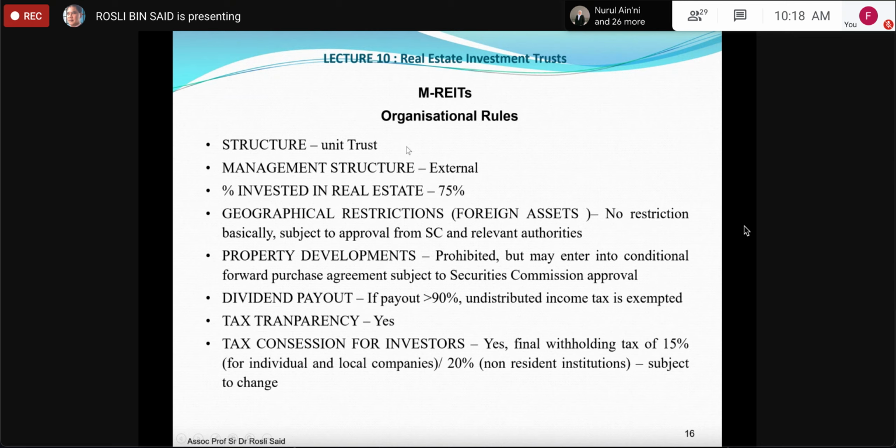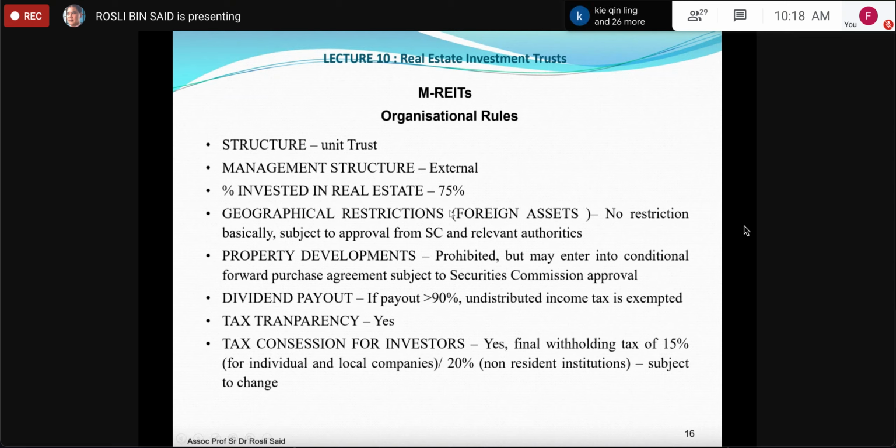I mentioned just now, unit trust, the same thing. We have to approach the stockbroker to purchase the unit trust, the same thing for REITs. And in terms of management structure, it is external. So basically, we have to appoint a real estate manager or property manager in order to manage the REIT.